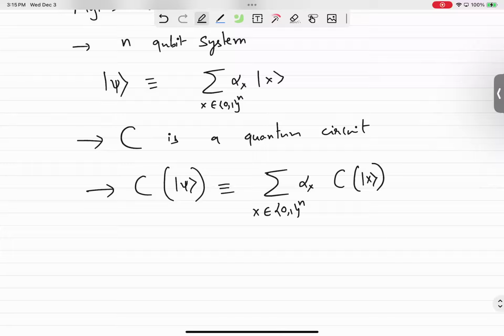It's hidden in the final state, but as I said earlier, the fact that the state has all of this information doesn't mean you can access it. You have to pay a penalty to access it. If I try and extract out the value of, let's say, what happens on 0, 0, 0, it will destroy the state. So it is this interference that means I'm not just applying things in parallel and then reading all of them at once.